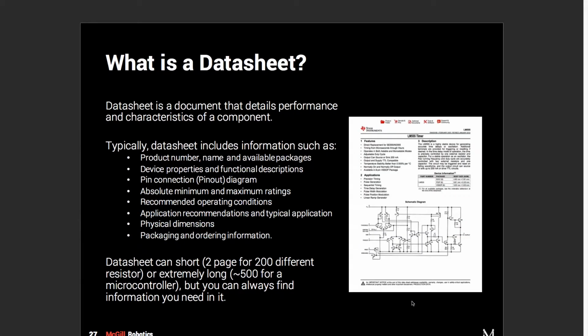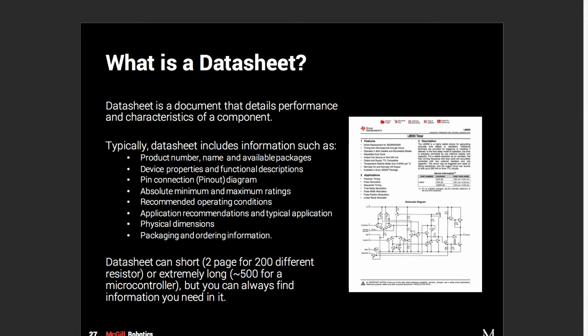A data sheet is a document that details the performance and the characteristics of a component. A typical data sheet includes part numbers, name, available packages, device properties, functional descriptions, pin connections, pinout diagrams, absolute minimum and maximum ratings, recommended operating range, application recommendations, typical application, physical dimensions, and packaging and ordering information.